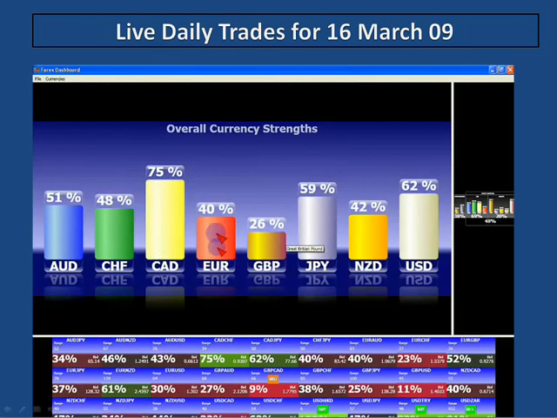Okay, I'm just going to go through now looking at the dashboard. This was a snapshot of the dashboard just prior to the London Open. Clearly what we look for is momentum, and where the weakest and the strongest currencies are, and then we trade in that direction.